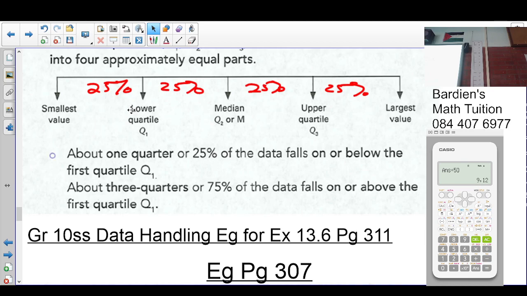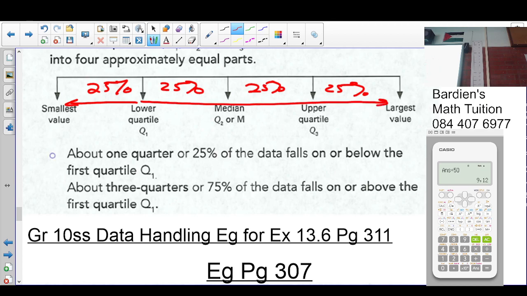And about 3/4 or 75% of the data falls on or above quartile 1, which means to say that 25% of the data is here, and then that's of course 75%. Can you see that, people? So that's that.